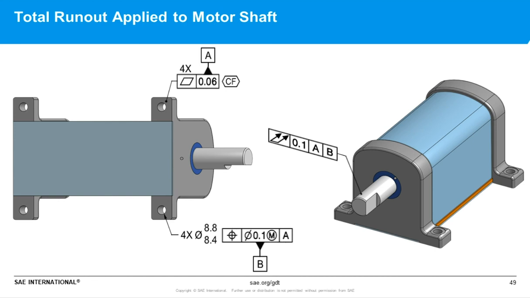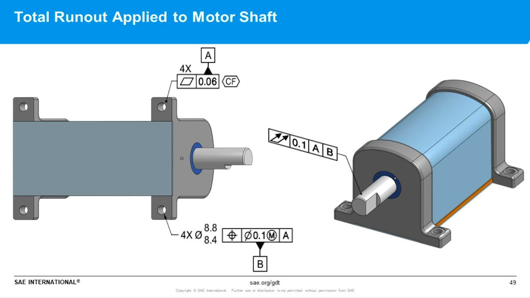Another significant change to runout is its application on assemblies, like in this case, electric motor shafts. You may remember from the previous versions of the standard that runout could only be applied to parts and datum features. You could only reference datum features that established an axis of rotation.